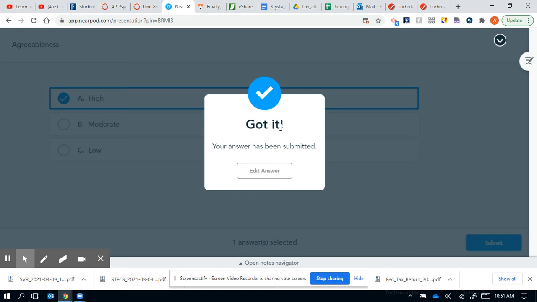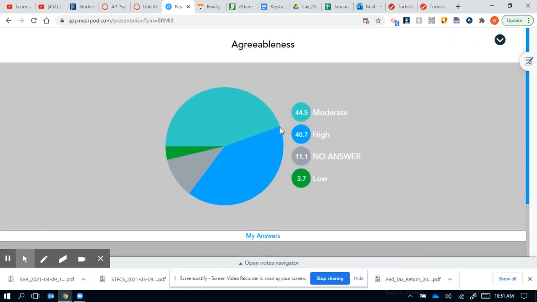So, all right, there we go. So about 45% moderate agreeableness. So not the easiest class to get along with, but I score high, but not crazy high. I don't think on this one. I think the range is like 65 to 100 is high.